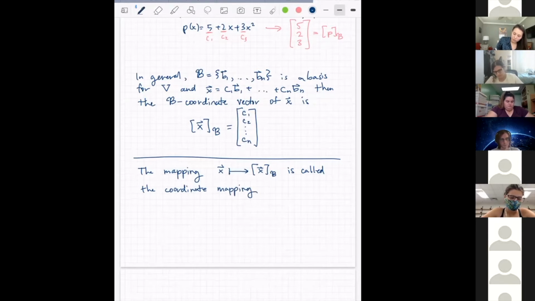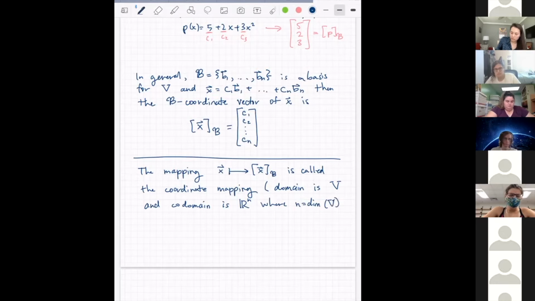Its domain is V, your vector space that you started out with, wherever x is, and the codomain is Rn, where n is the dimension of V. This is assuming that the dimension of V is finite.